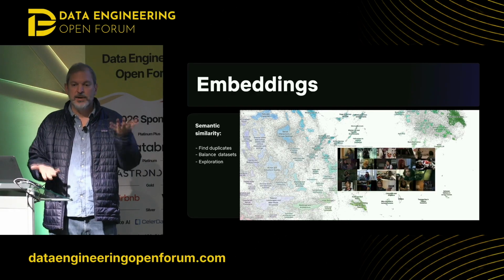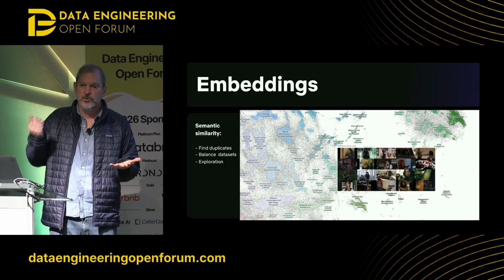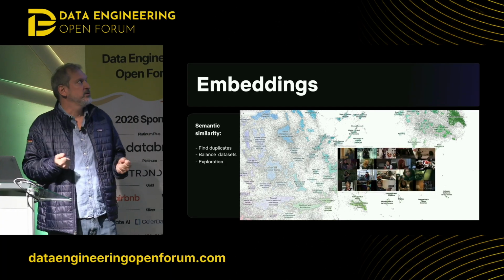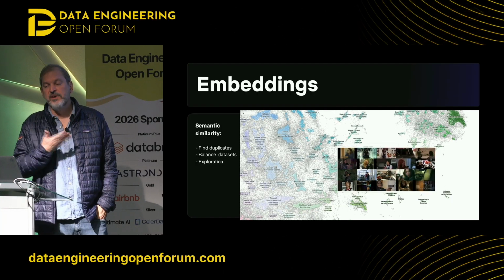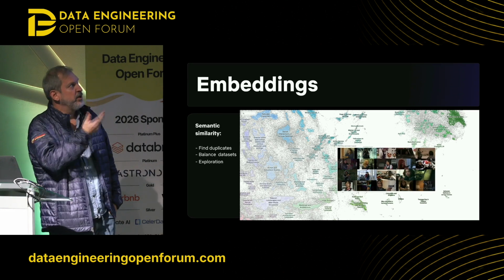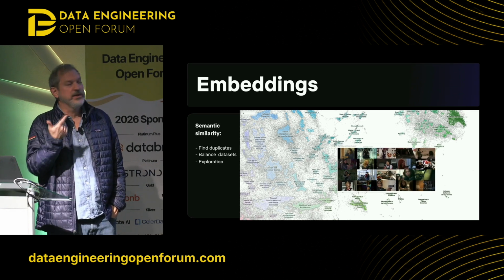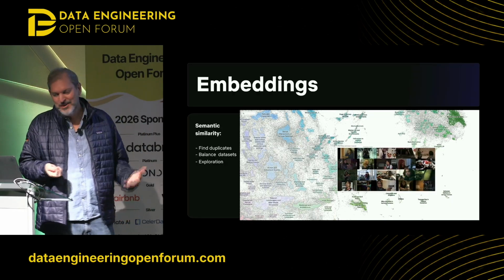So you might want to balance out the number of faces and get more dogs or more cars, which is something that you need to do in order to train. And it favors exploration. You can explore the communities. For example, here we're rendering a cluster of women with guns, which is something naturally occurring in an embedding space.